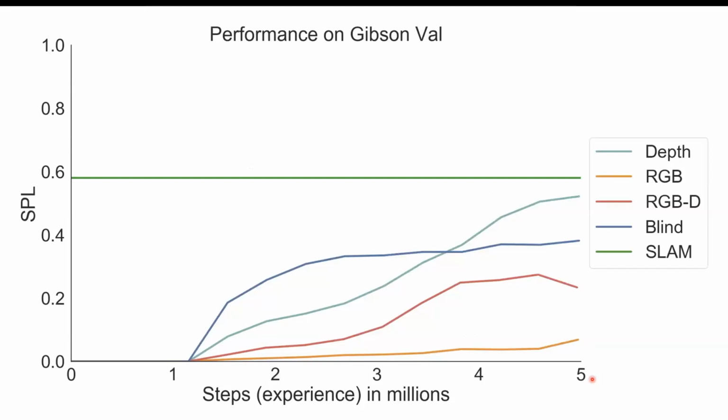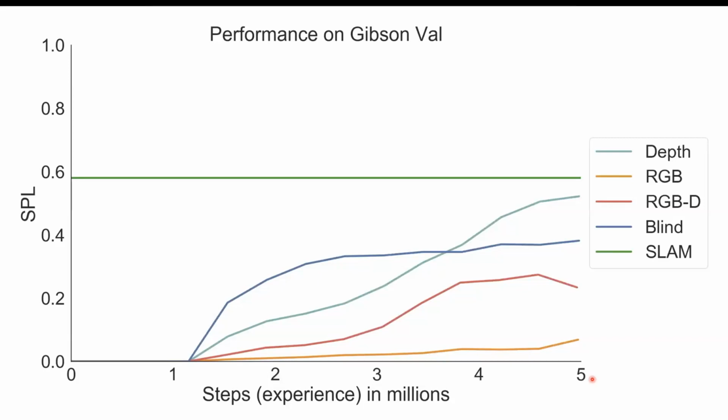So if you're close to the top, you're highly successful going from point to point, and also very efficient, very close to the shortest possible path. Now here you see a green line, which is the traditional stack, which doesn't involve any learning, right? So it can be applied directly. And then you see various lines for agents that were trained using reinforcement learning, from pixels to actions, and agents that have different modalities available as input.